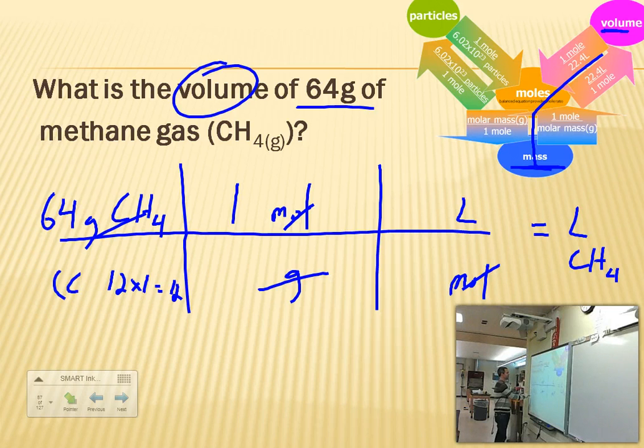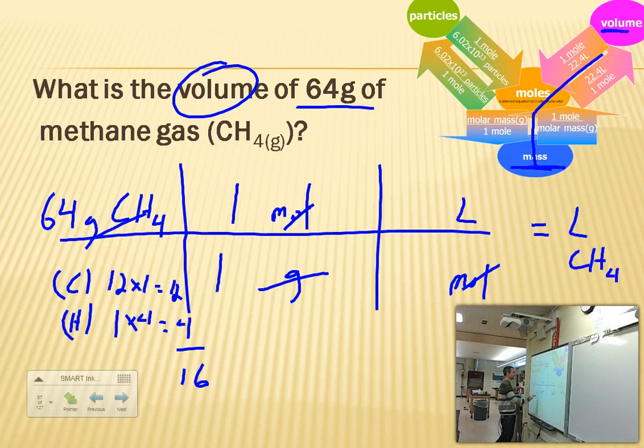Hydrogen has a mass of 1, and there's 4 of them, so that's a total of 4, so that gives me a total of what? 16. So the molar mass of methane is 16 grams per mole. Okay, so I have to do that on the side. I like to do that on the bottom, and there I go. So I got to plug in that tool. Again, that's going to be specific, the molar mass based off of the substance.